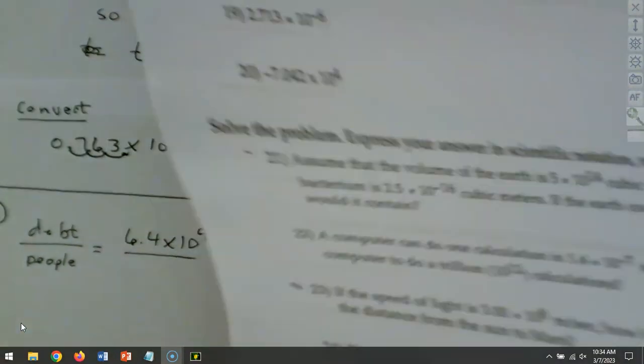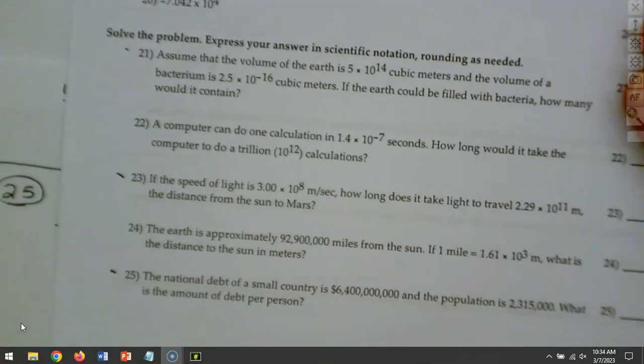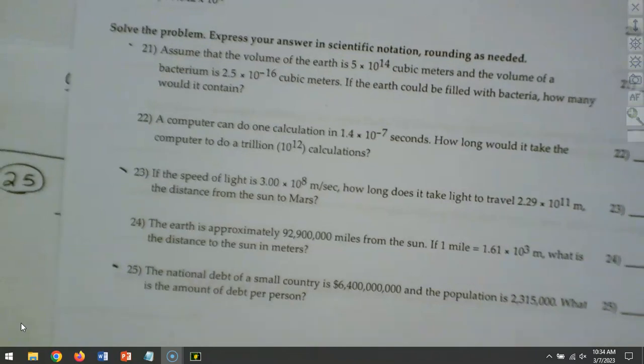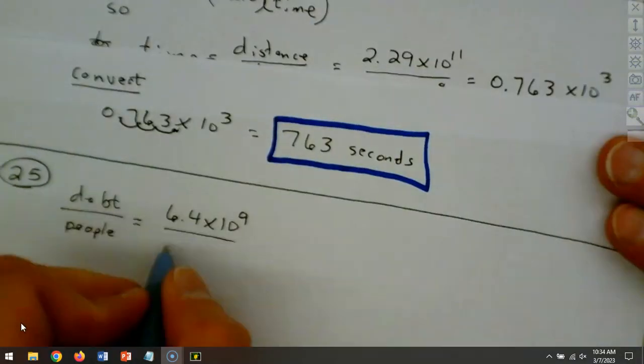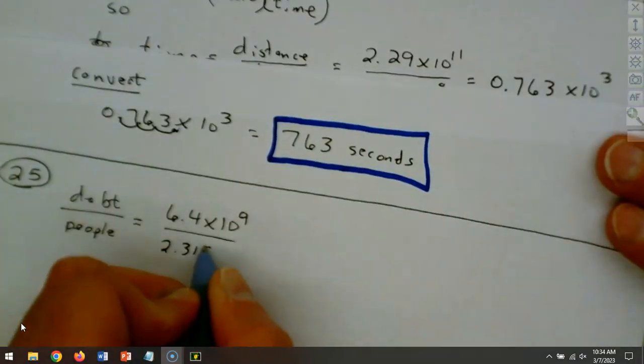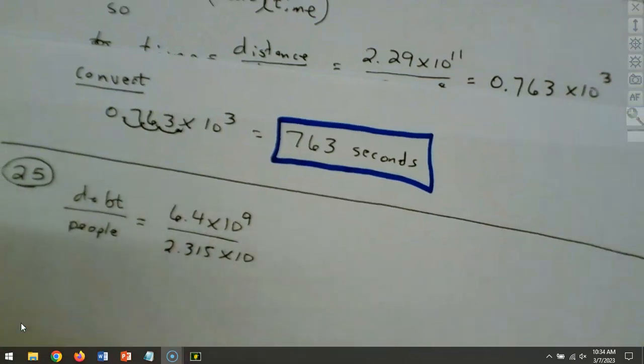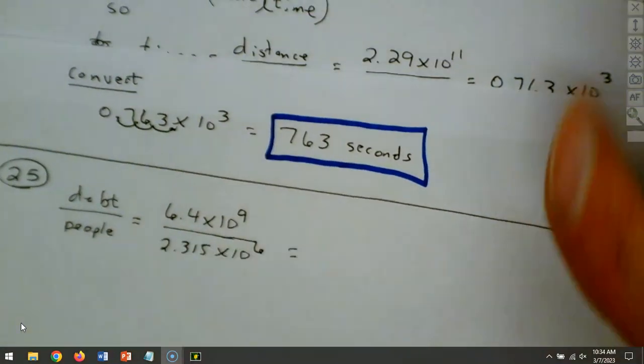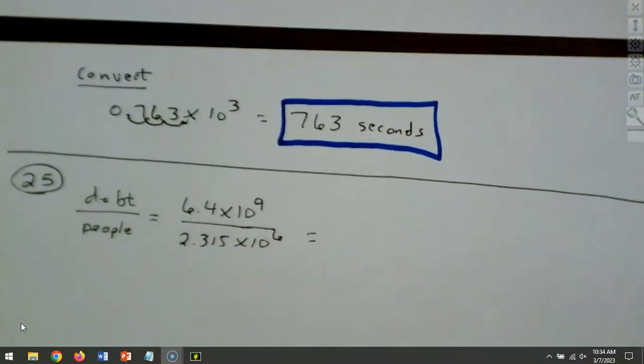Well, let's convert it as well. We're going to go 3, 6. So that's 2.315. And that's going to be times 10 to the 6th power. Write it so it's not crooked here.